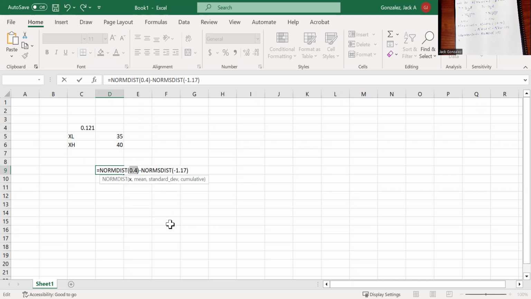Those are two different functions. It's like normal distribution, but this one is standardized.